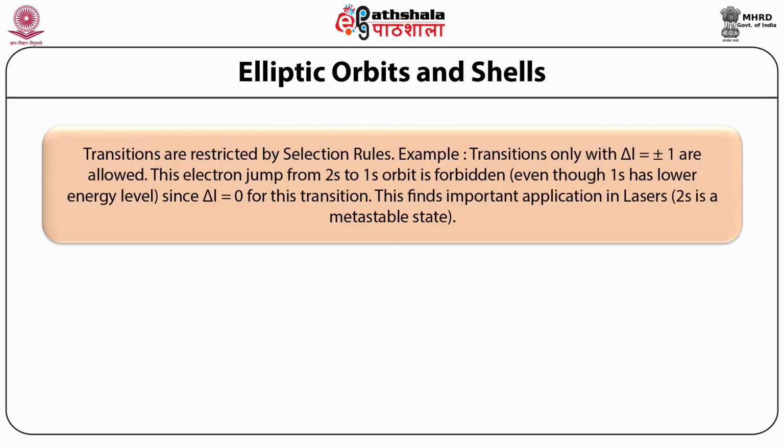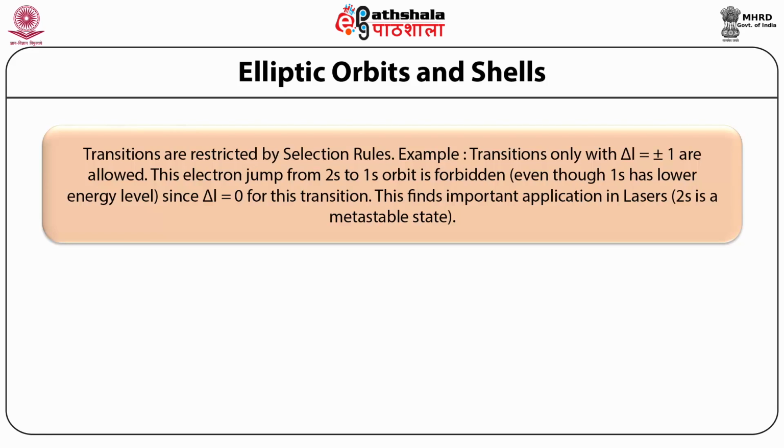For example, the electron cannot jump from the 2s orbit to the 1s orbit. This transition is forbidden. Why is it forbidden? Because both are s orbits, 2s and 1s, so delta L is equal to 0.